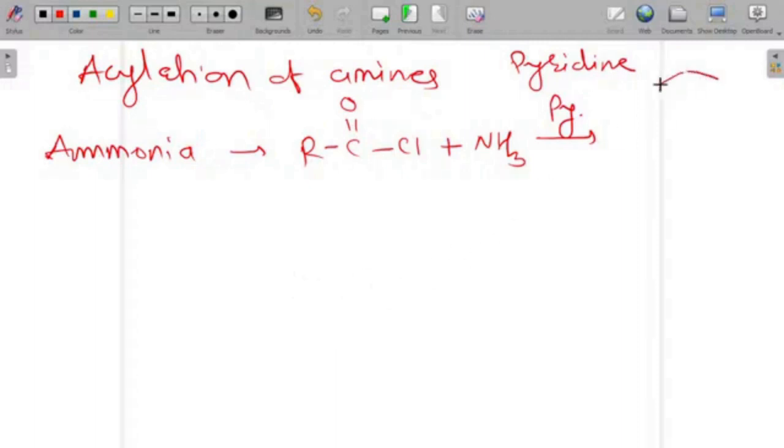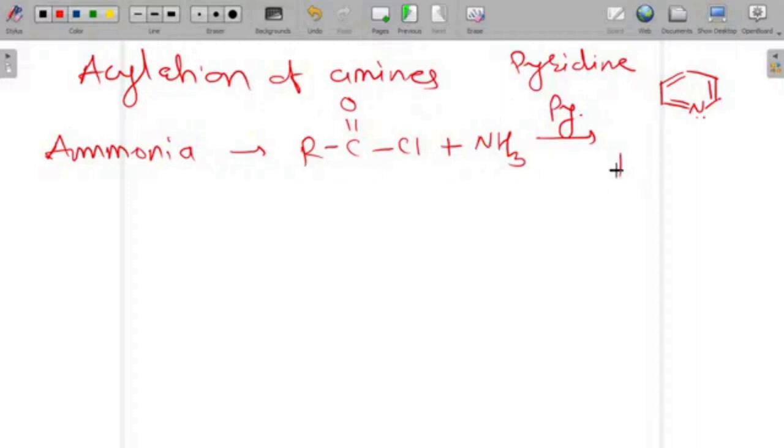This is the pyridine structure, and it acts as a base in this reaction.